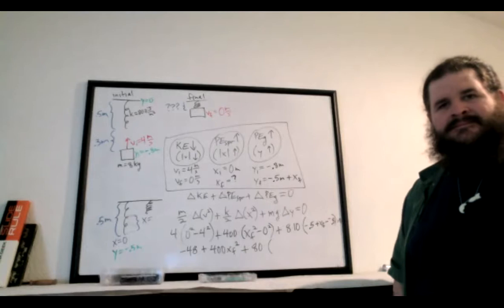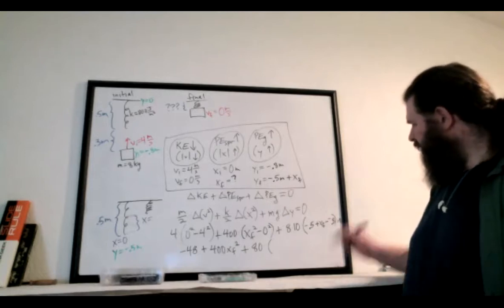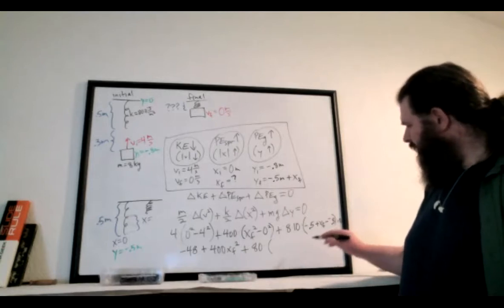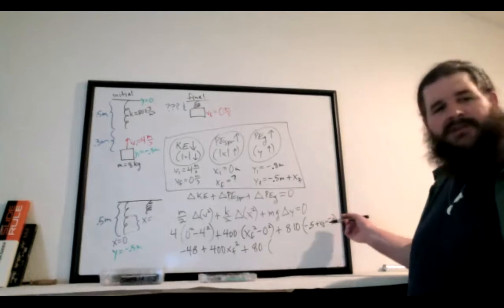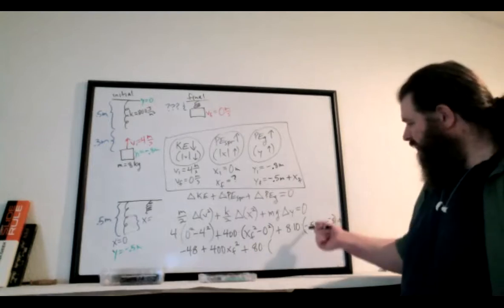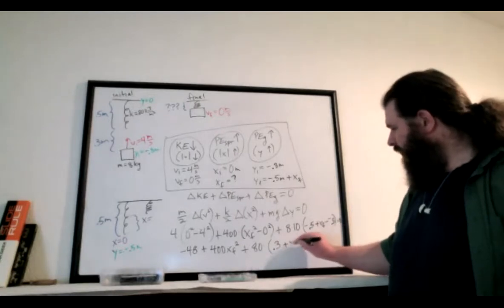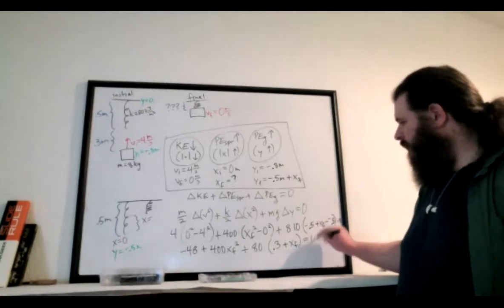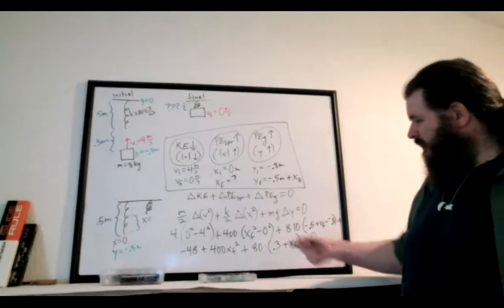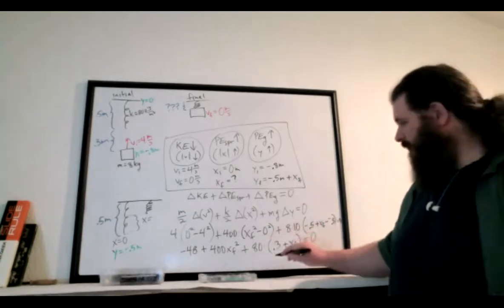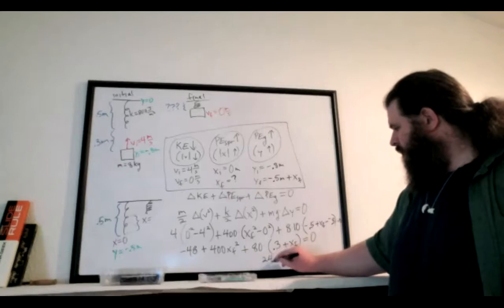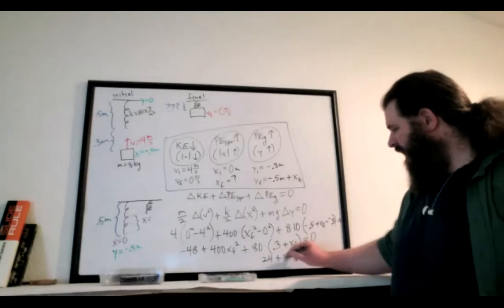Negative 0.5 and positive 0.8. Yeah, because minus negative 0.8 becomes plus 0.8. Positive 0.8 plus negative 0.5 would be positive 0.3 plus x final. And then we can distribute this. 80 times 0.3 would be 24, plus 80 x final.